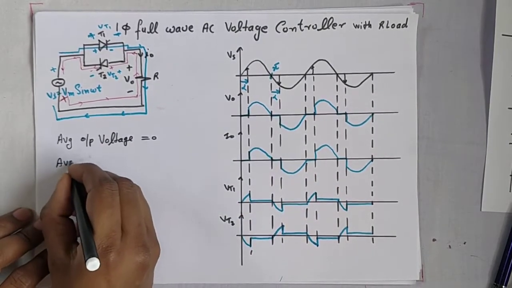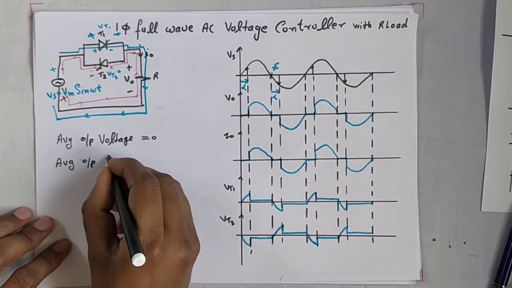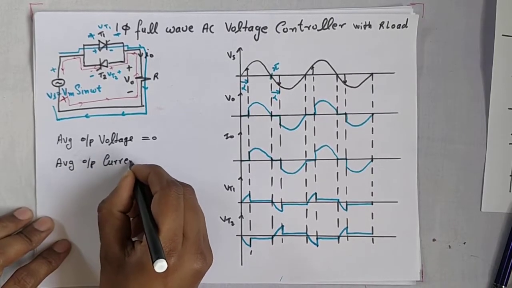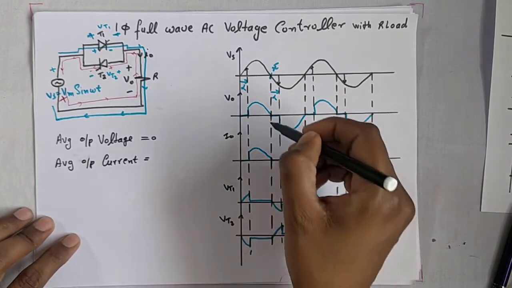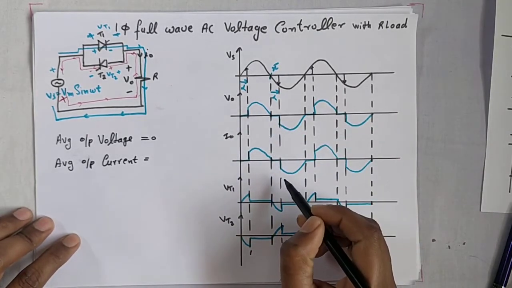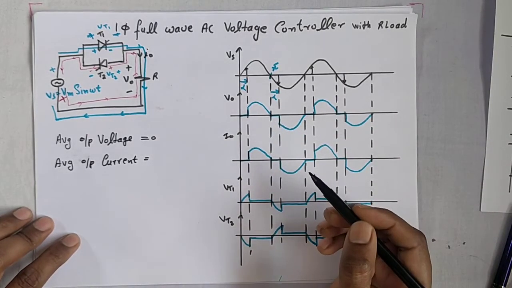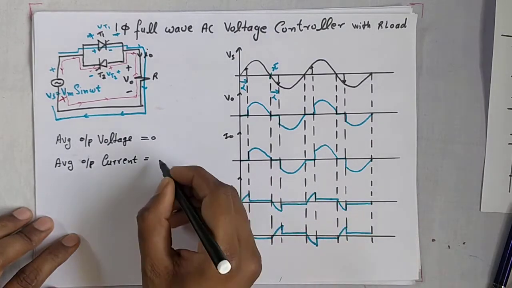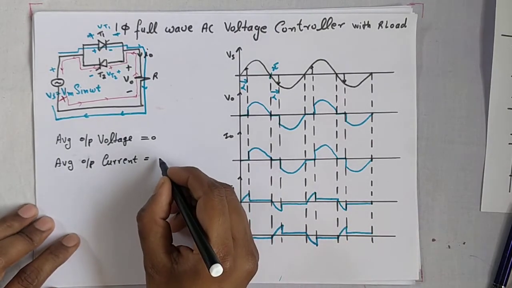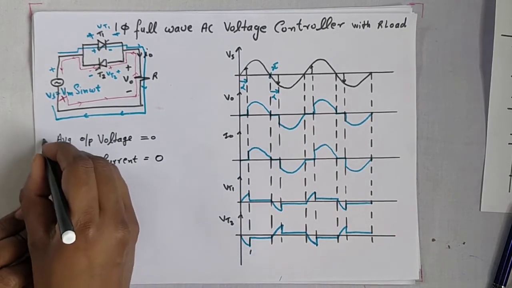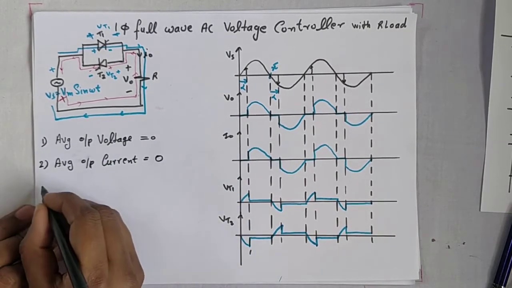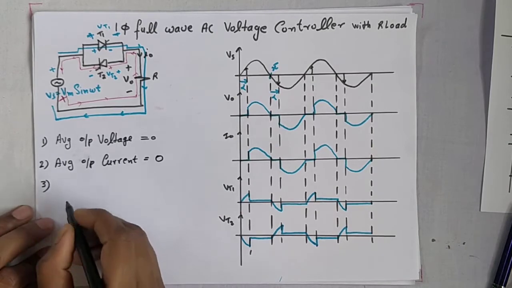Average output current. The current waveform is the same as the voltage waveform, so the average output voltage is 0. Similarly, the average output current is also 0. Now this is 0.1, this is 0.2, this is 0.3.